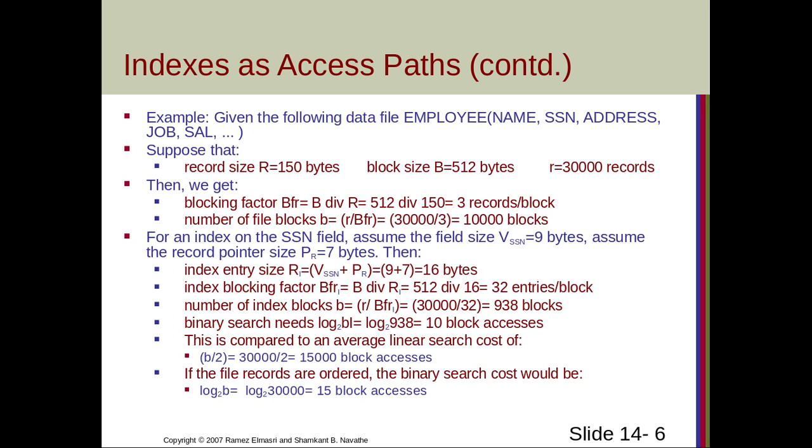If you don't have an index and it is an ordered file, then you need 15 block accesses. But here we have 938 blocks for storing the index, and in that index, for searching a particular record, you need only 10 block accesses.